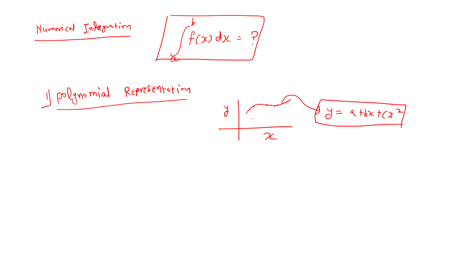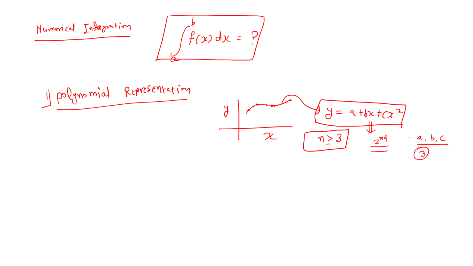Now there might be 3 points, so the number of points should be greater than or equal to 3, because here we are doing a polynomial representation of second degree. So there are 3 constants a, b, c. So at least we require 3 points to get the value of abc.